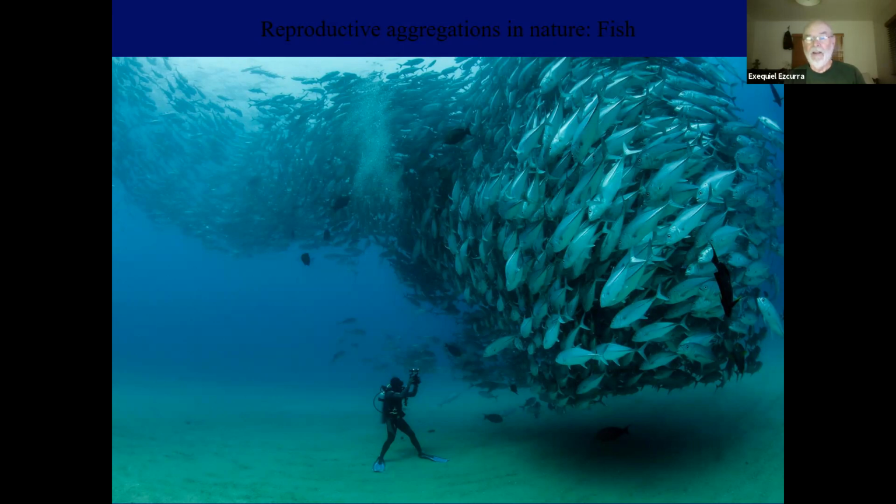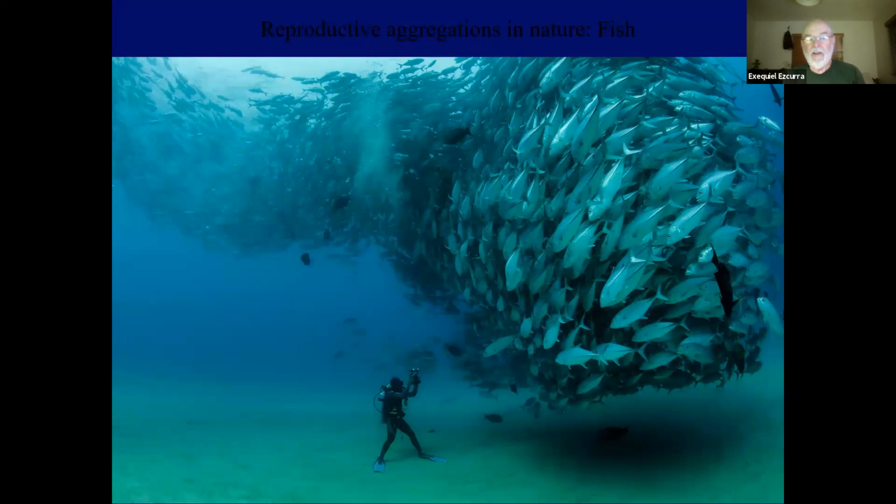It looks like threatening, like menacing, but they're making like a whirl, like an eddy in the water of fish turning around in very, very dense aggregations. And fish will do that in order to reproduce.